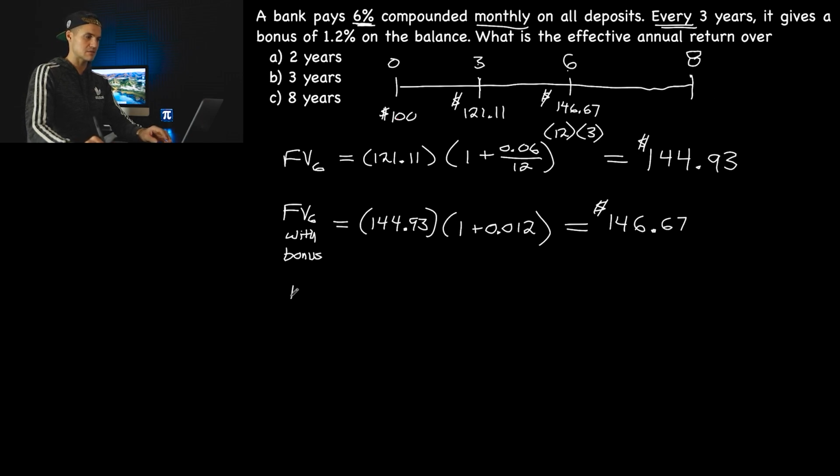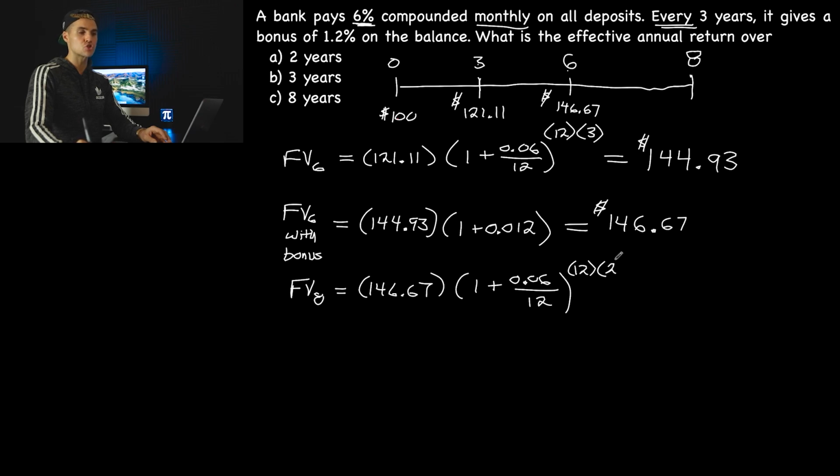So we're going to take this amount. So the future value at time 8 is going to be this 146.67, and we are going to grow that at the 6% compounded monthly, but this is going to be for 2 years now, right? So the exponent's going to be 24. 24 months from time 6 to time 8, right?